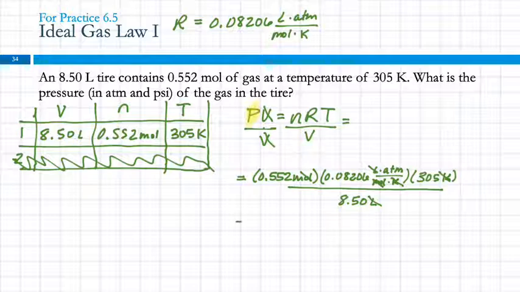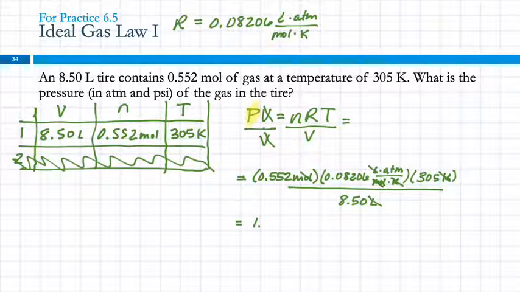So now I can use my calculator. 0.552 times 0.08206 times 305 divided by 8.5. And most of these things have three significant figures.